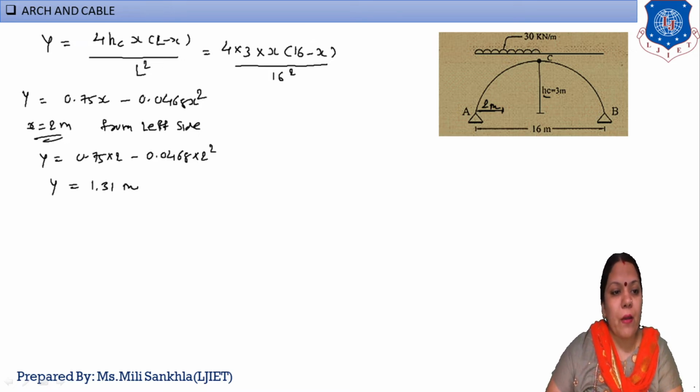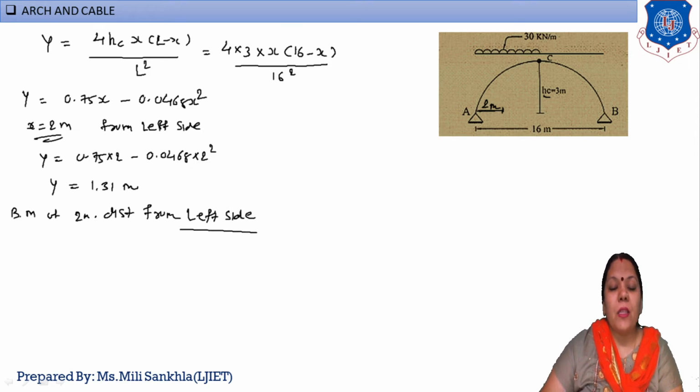Now we find the bending moment at 2 meter from the left hand side. So make a heading: bending moment at 2 meter distance from the left side, because the data asks to find the bending moment at the left hand side.